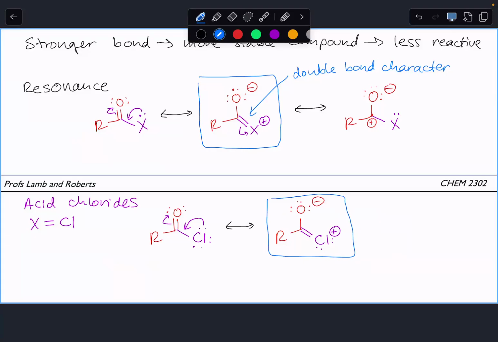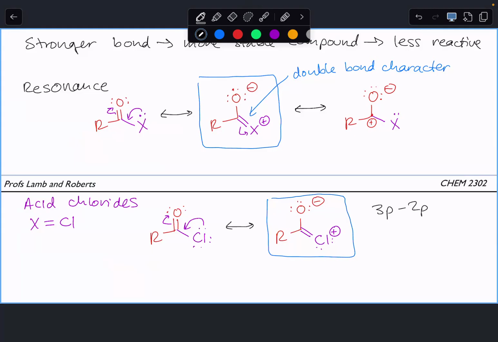So we need to recognize, if we look at our periodic table, right, chlorine is on the third row down, right? So that means that the orbital in which that lone pair is sitting is a 3p orbital, right? Whereas for carbon, it would be a 2p orbital, right?